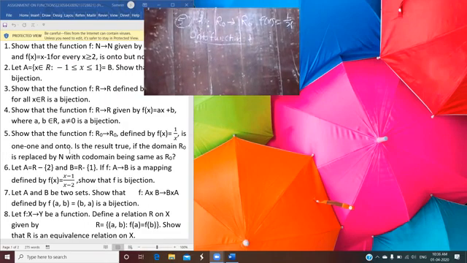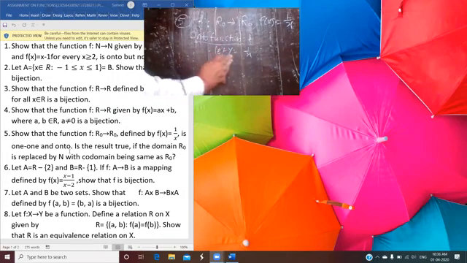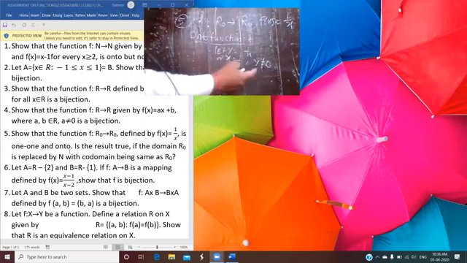You can very easily find its range. Assume let y = 1/x, or x = 1/y, and y is not equal to 0. So what does it mean? y not equal to 0 means y is defined for all real numbers except 0.